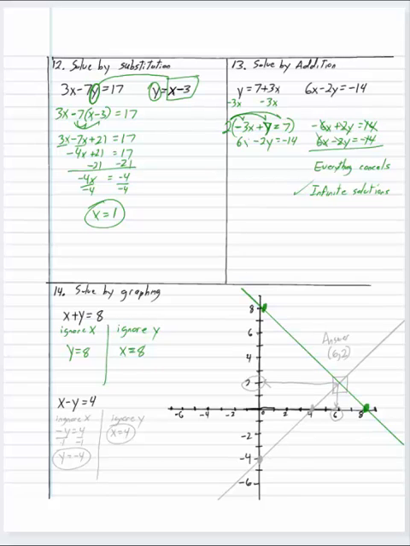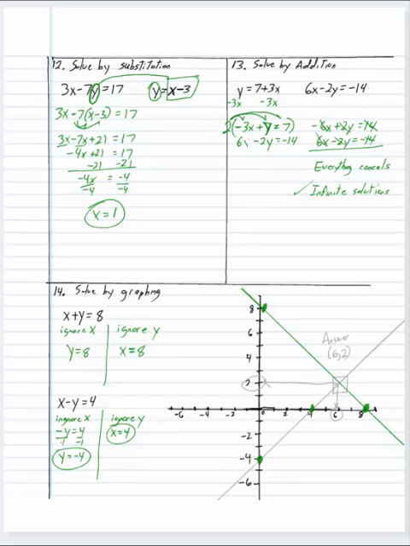Let's do the same thing with x minus y equals 4. If I ignore x, I'm left with negative y equals 4. And I'll just divide by negative 1 to become y equals negative 4. Likewise, if I ignore y, I'm left with x equals 4. And let's plot. Y equals negative 4 is down here. And x equals 4 is over here.